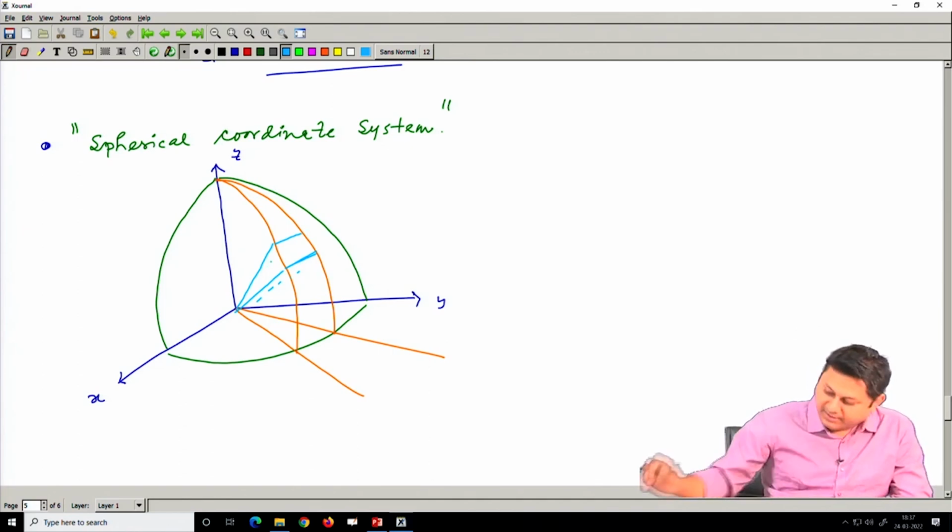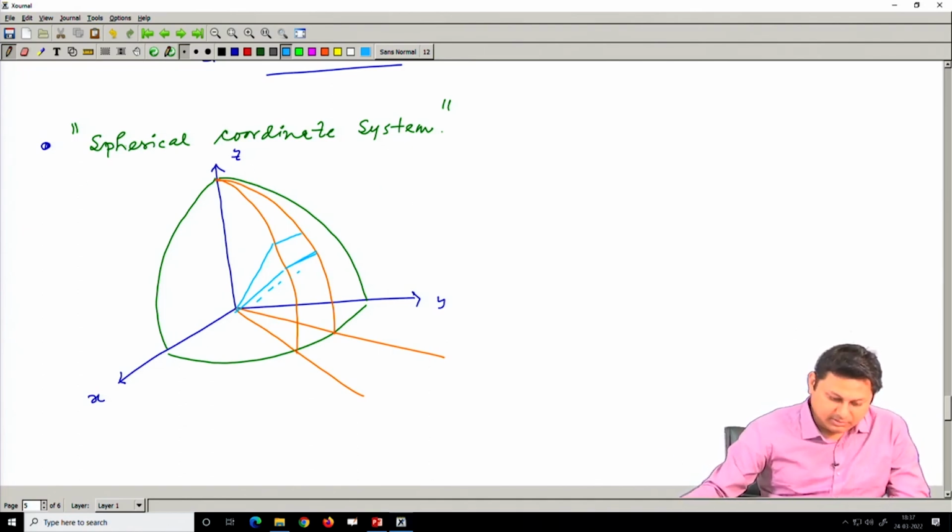So, I am eventually having, so let us erase this part.